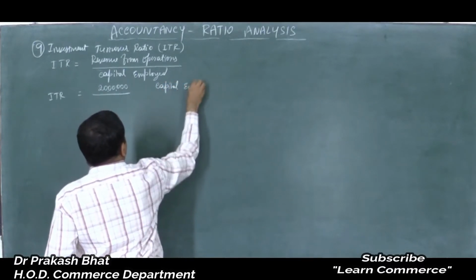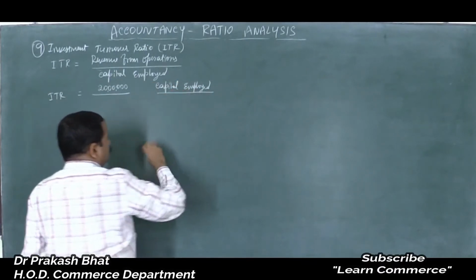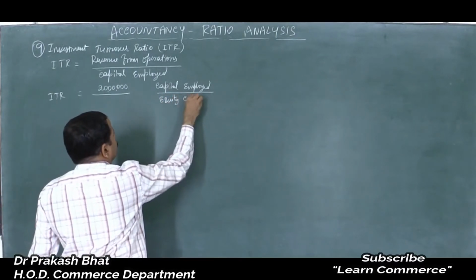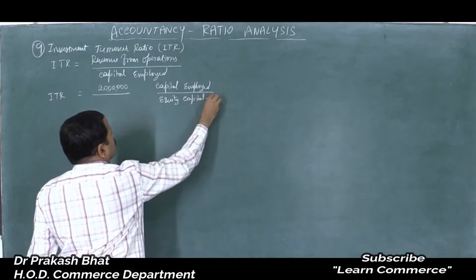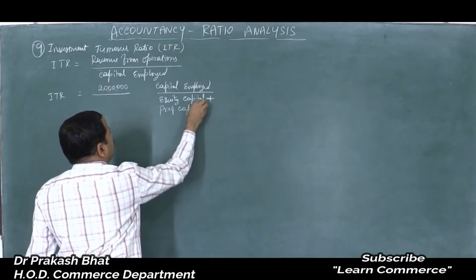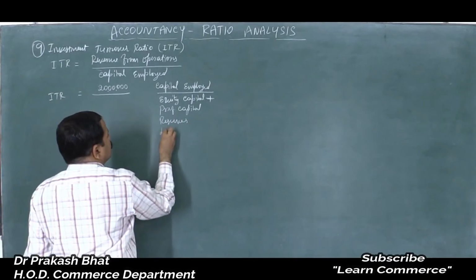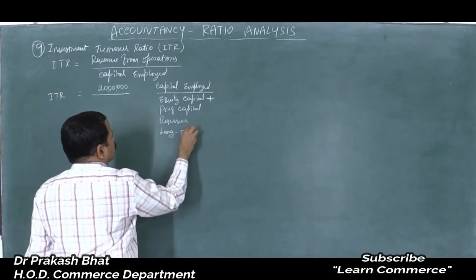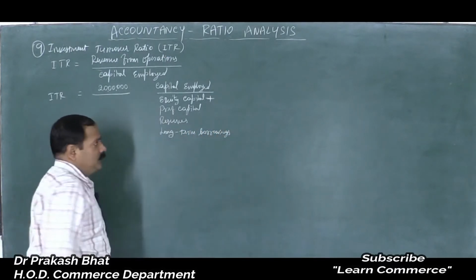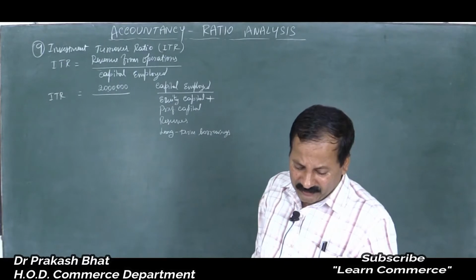Capital employed is equal to equity capital plus preference capital plus reserves plus long term borrowings, right? Yes. Now add these together, you will get 9 lakh.